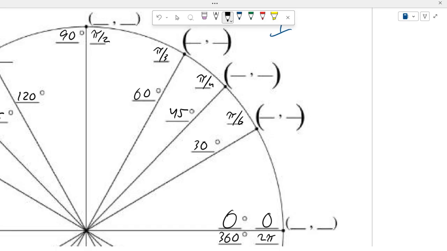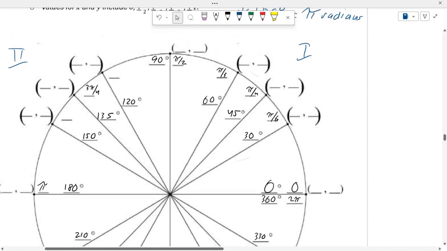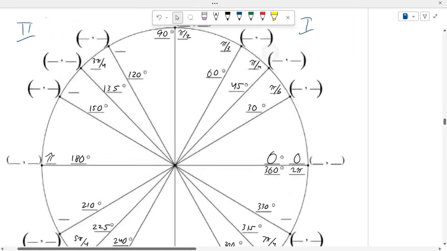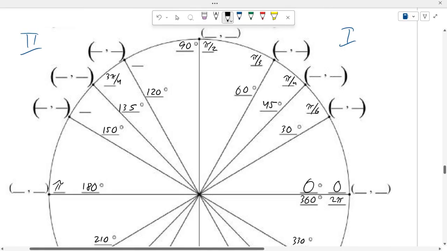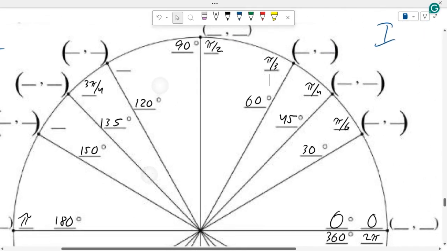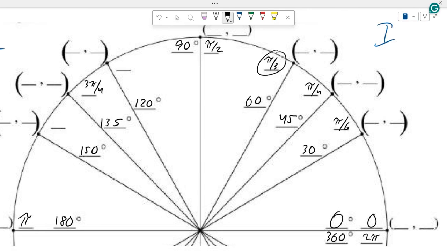Our priority is the first quadrant, but let's go ahead and fill in the other radian measures. This is how I think about the rest. When I'm thinking about the angle at 120, I notice that from this pi over 3, if I add another third, I get 2 pi over 3, and that goes right there.